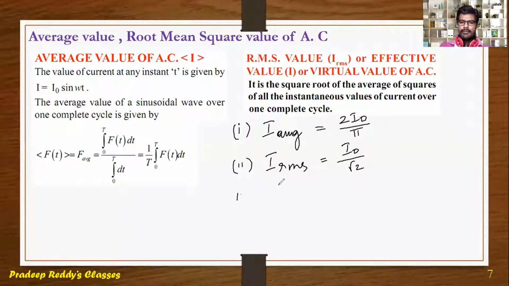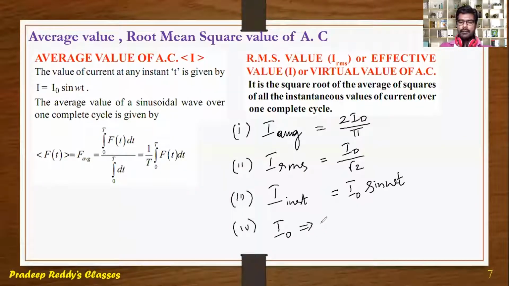And the third one is I instantaneous, which is equal to I naught into sine omega t. Of course, if there is some phase difference, then you will include plus or minus a phase term there. And the fourth one, I naught, which is called maximum peak current.